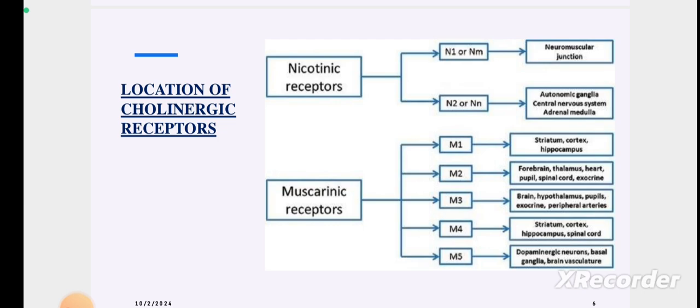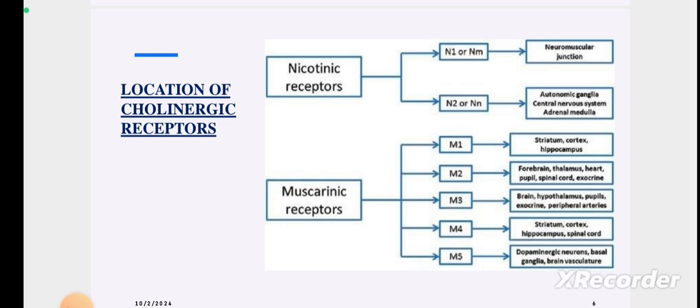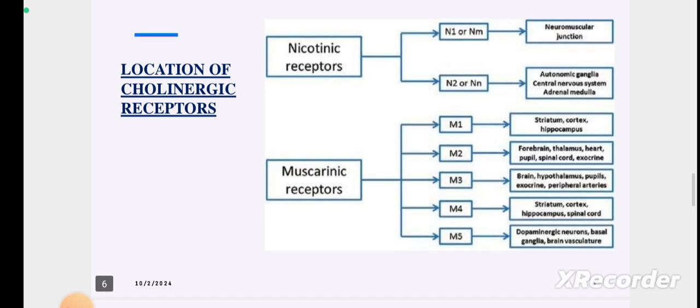M4 is present in striatum, cortex, hippocampus, spinal cord. M5 is present in dopaminergic neurons, basal ganglia and brain vasculature. So these are the locations that are very important to know for further studies and higher studies. So we should learn this slide.